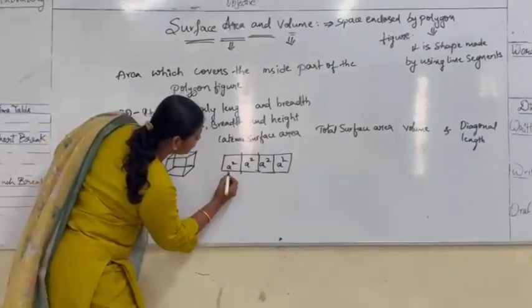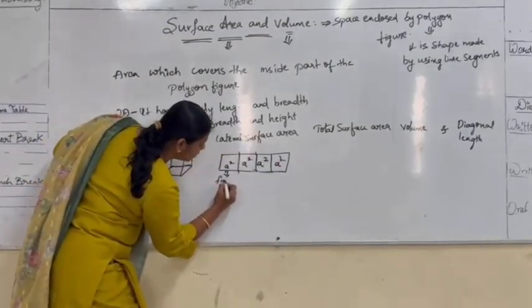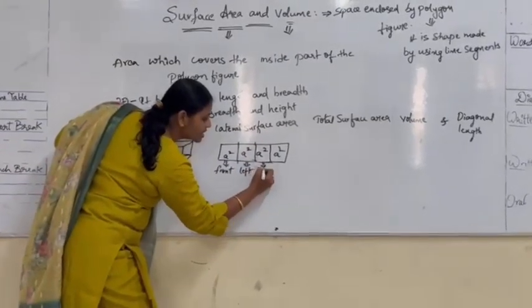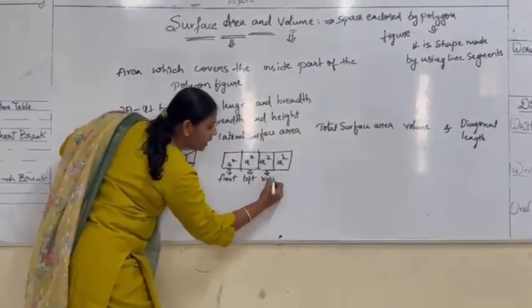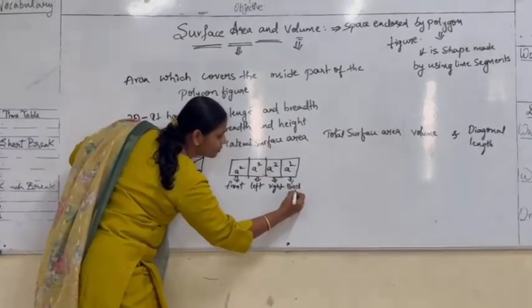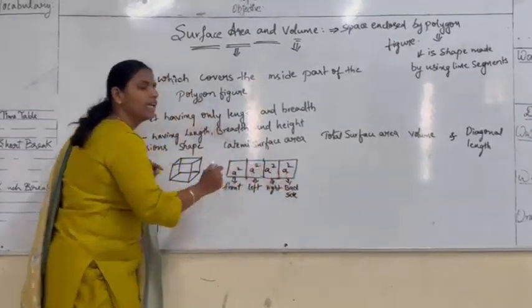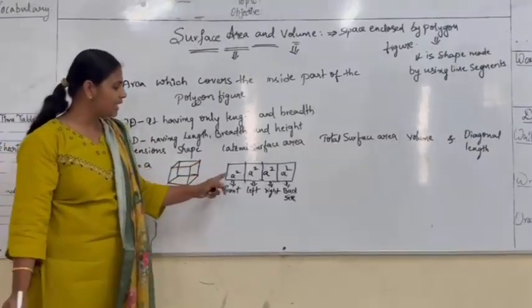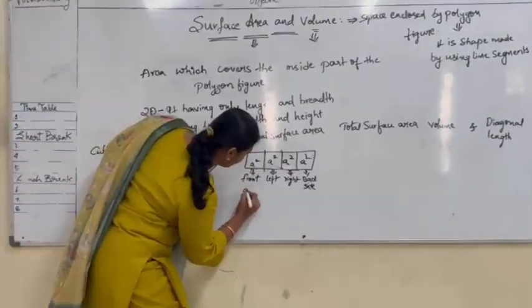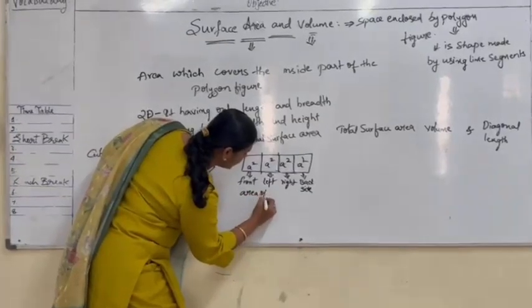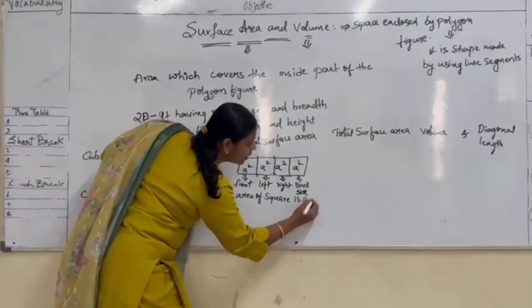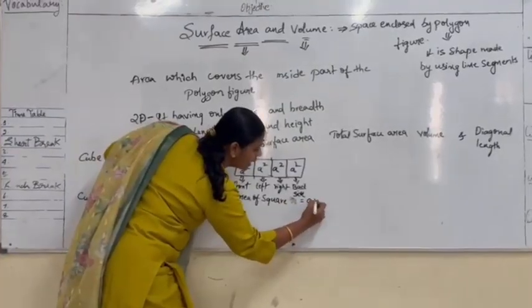Because this is front, this is left, this is right, and this is the back side, all of them look like squares. So I am taking the area of a square, which is a into a, equals a square. Why a into a?